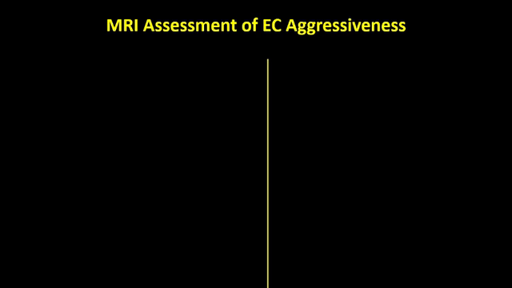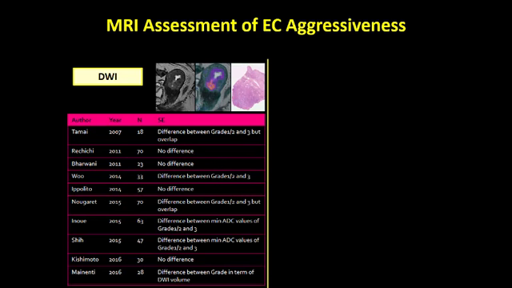So endometrial cancer aggressiveness, there's been a lot of literature on that, on diffusion-weighted images. There is some contradictory evidence, but by and large, I think there is now some consensus that there's a difference between grade 1 and grade 3, but there's no difference between grade 2 and grade 3 endometrial cancer. And actually, there is a nice talk in tomorrow morning's session at 8 o'clock on different ways of looking at tumor aggressiveness in endometrial cancer.